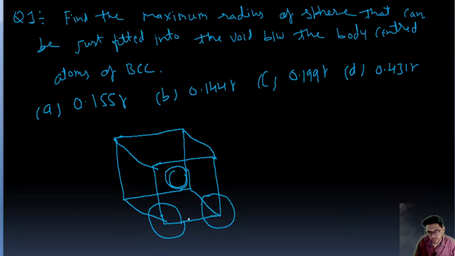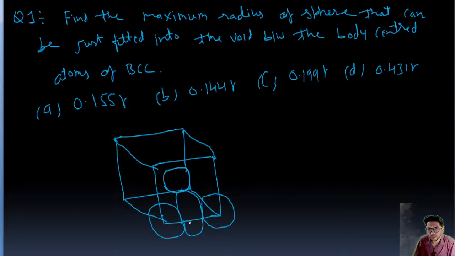So this sphere can be fitted into this one. Guys, this is not looking like a sphere, but it's a sphere. This is the body centered one. So between these atoms, we need to find out the maximum radius of sphere.